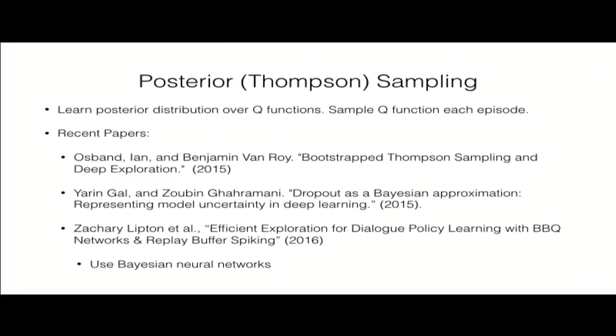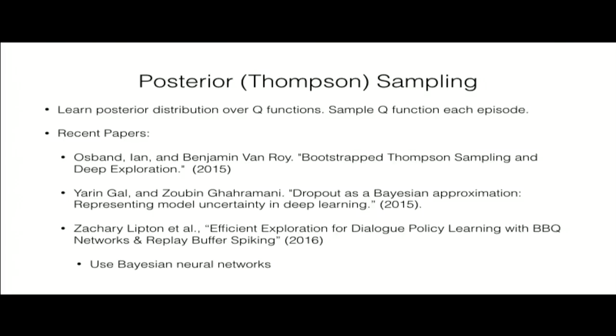Another way is Bayesian neural networks, where instead of having a single neural network, or instead of having explicitly an ensemble like this, where you have k copies of your network, the idea of Bayesian neural networks is you have a mean and a standard deviation over each parameter.